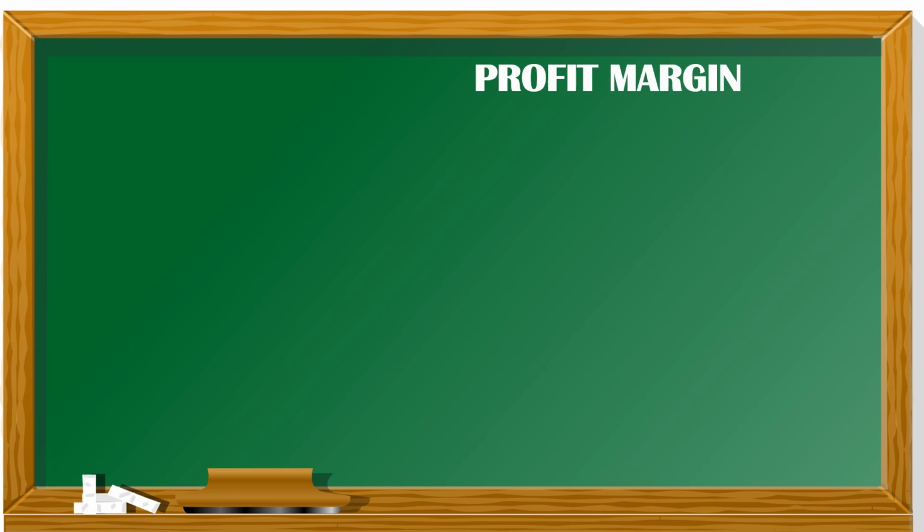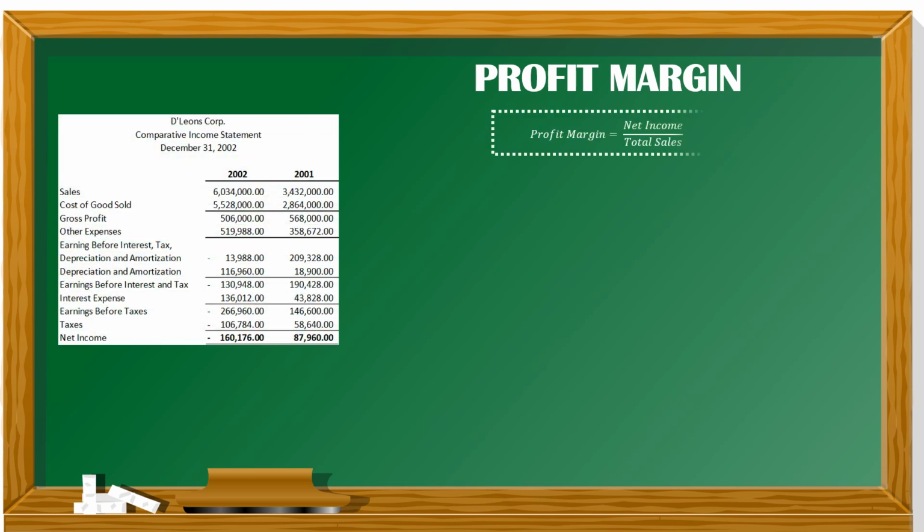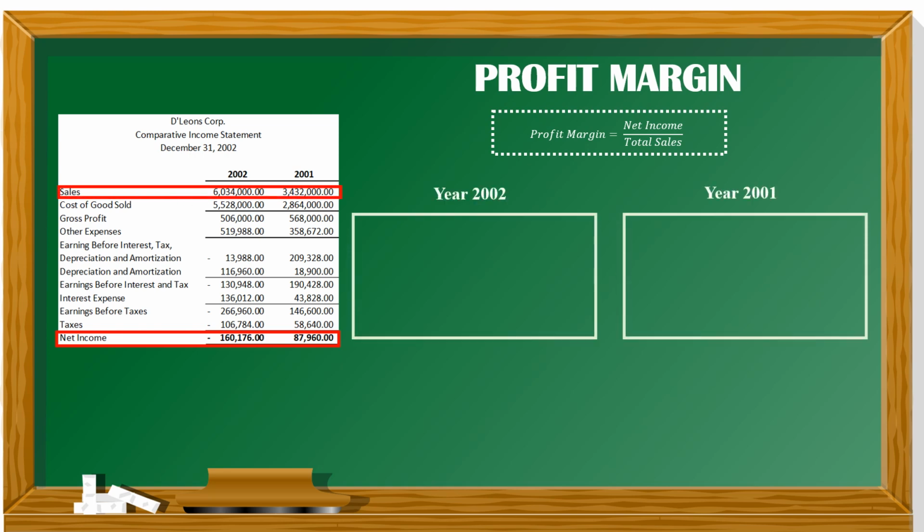The second type of profitability ratio is the profit margin, or the net profit margin. This formula is equal to the net income divided by its total sales. Now let's compute the net profit margin of De Leon Corp for 2002 and 2001.